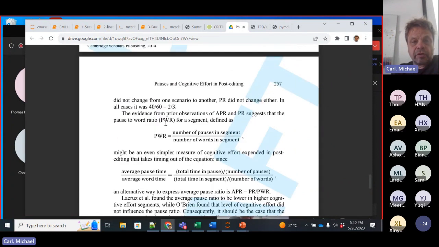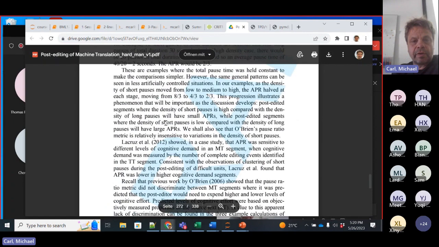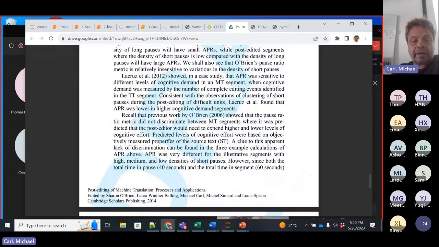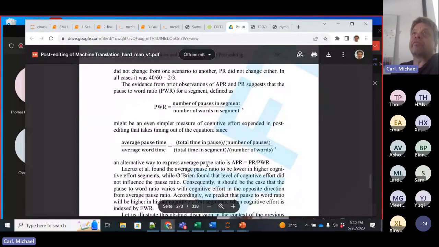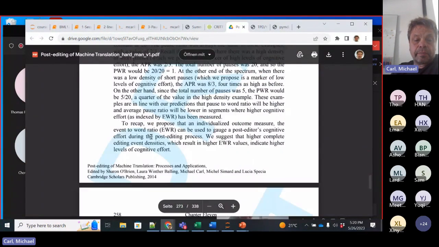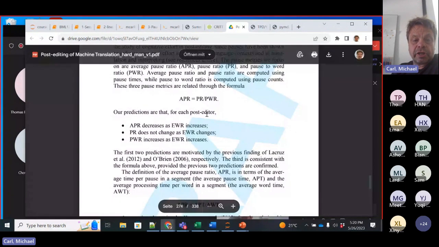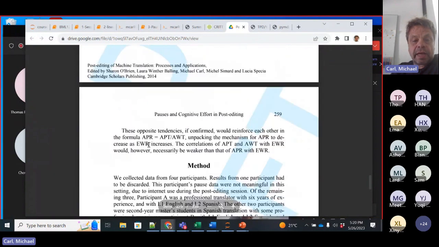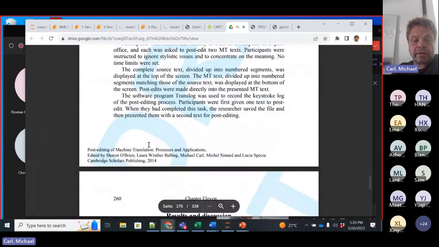So she establishes a number of different ways of having a pause analysis on a segment level, and then she puts all this into relation, and she says how those different measures are related and can be mapped onto each other.